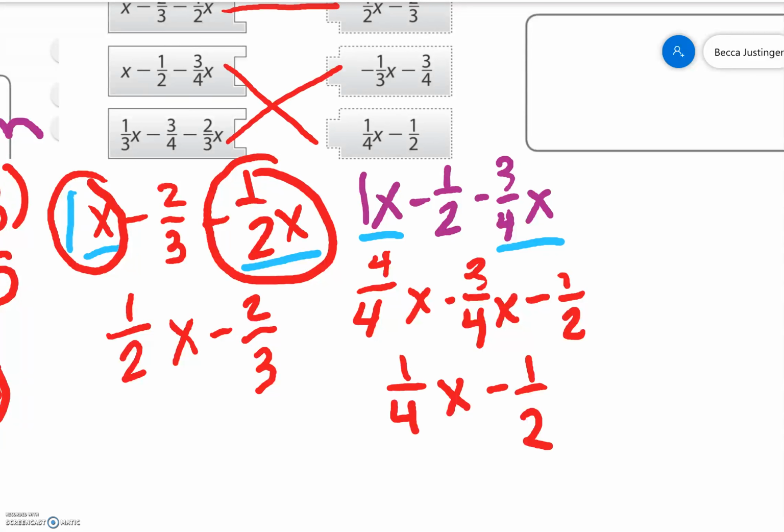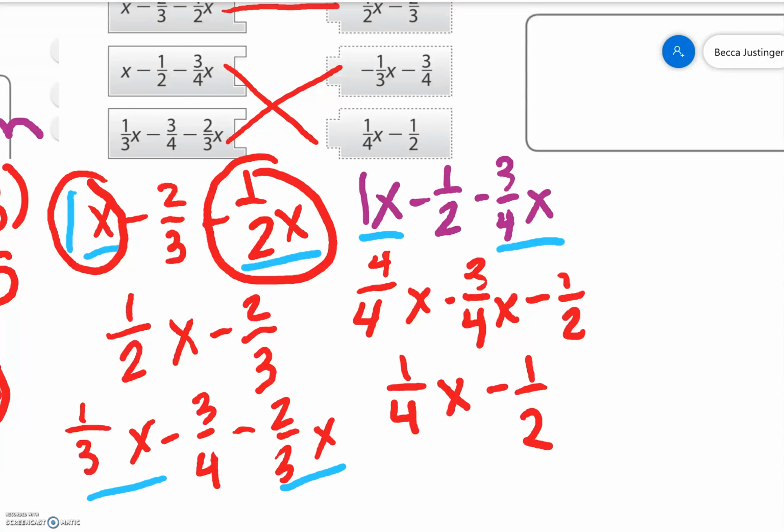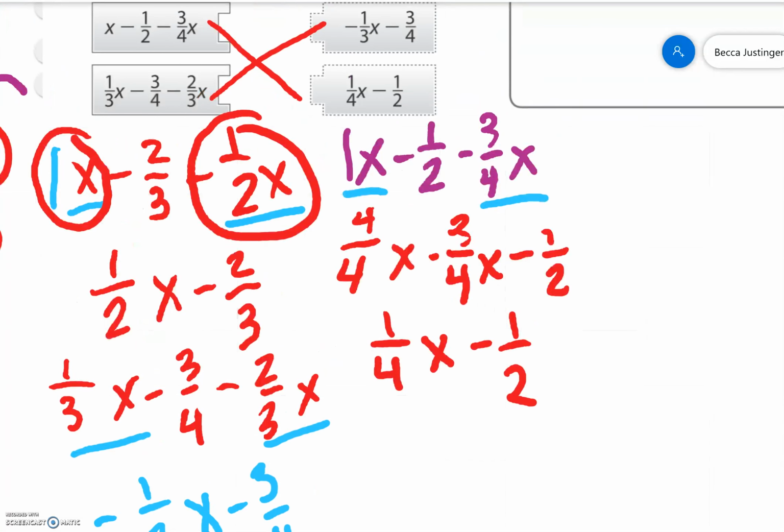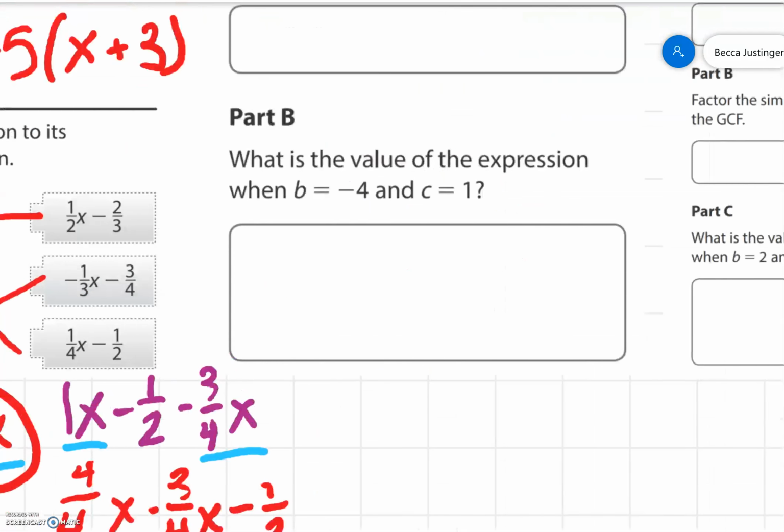And the last one we know goes, but let me prove it to you. We've got 1/3 x minus 3/4 minus 2/3 x. So I've got my x's. 1/3 minus 2/3 is negative 1/3, minus 3/4. And boom, that works. That's what we were looking for.